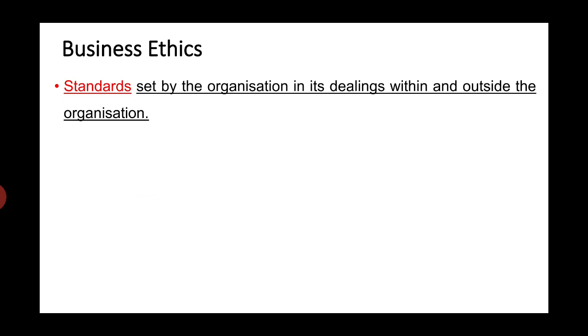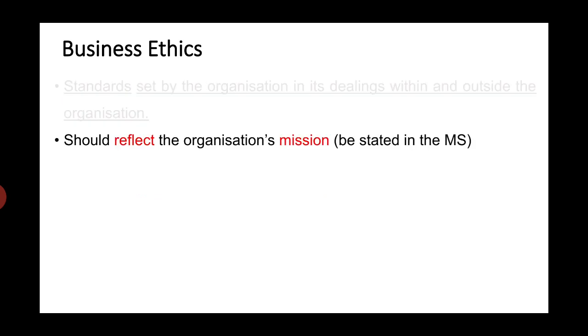What is business ethics? It's a standard any organization puts to deal with the people inside or outside the organization. Whether you are a worker from the same country or outside the country, all have to work according to the standards put by the organization.